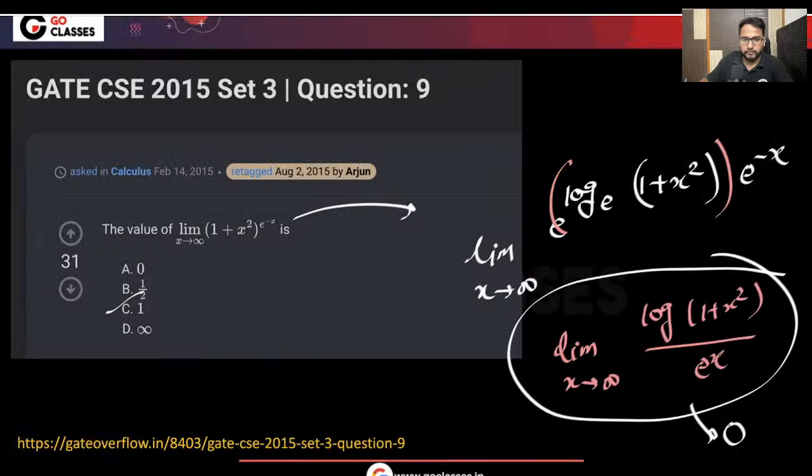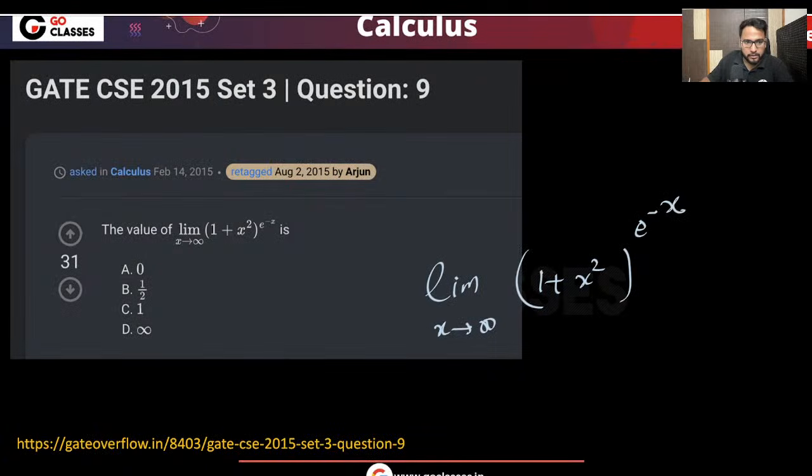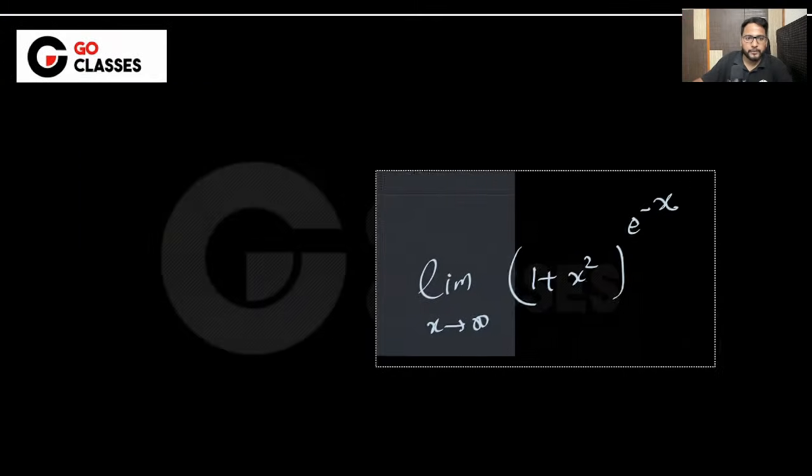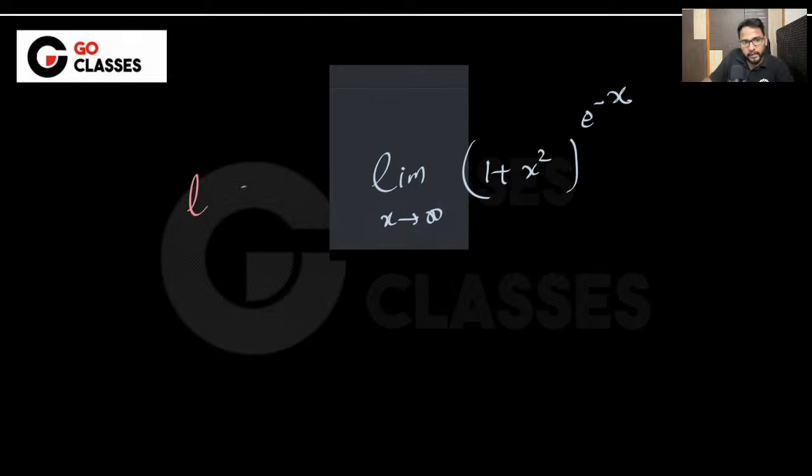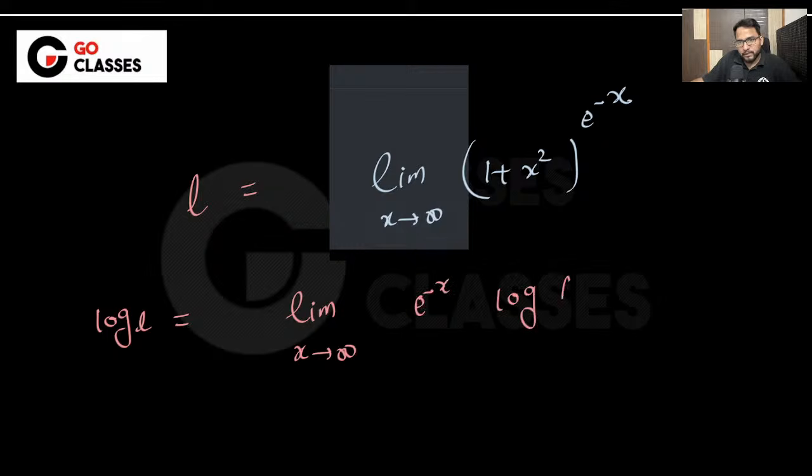Sorry. Yeah, I'm here. So let's just solve this particular question by taking the log. Let's suppose this is L, right? So log L will be the limit as x tends to infinity of e power minus x log of 1 plus x square.